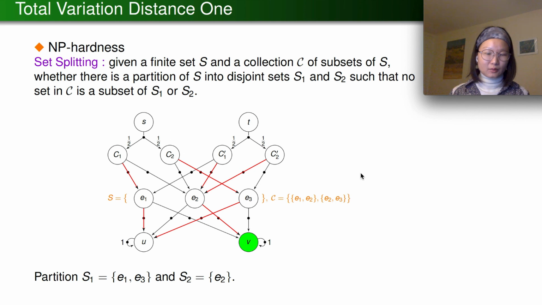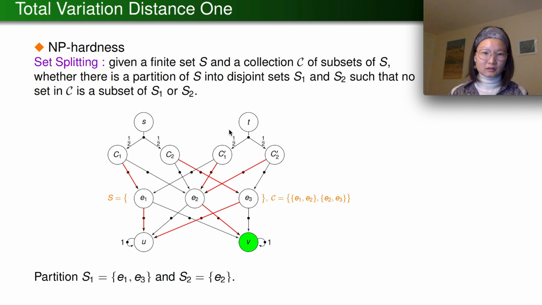So for this example, the highlighted MD strategy induces an LMC, and in this LMC, delta S and delta T have total variation distance 1. This is because if we start with state S, in the induced LMC, the probability of generating infinite sequences of white labels is 1.